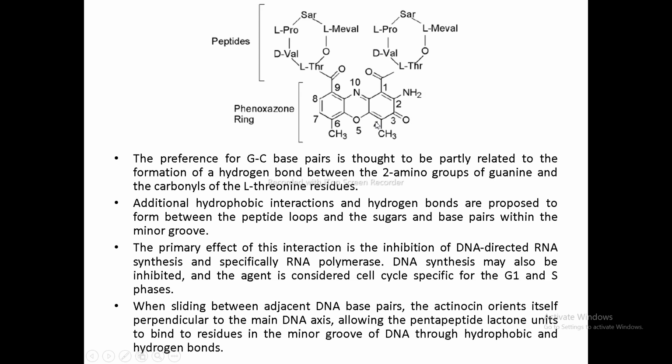The preference for the guanine-cytosine base pair is thought to be partly related to the formation of a hydrogen bond between the two amine group of guanine and the carbonyl of the L-threonine residues.